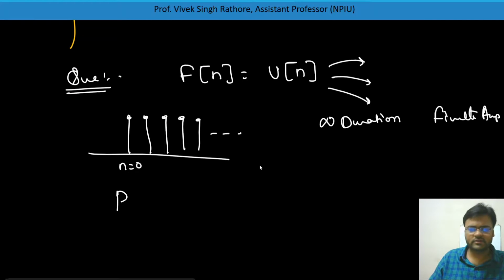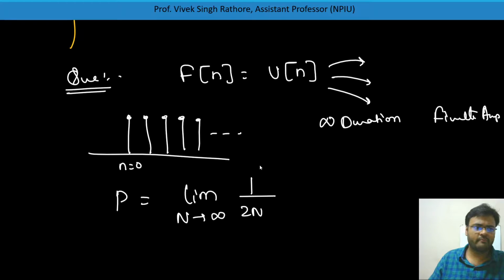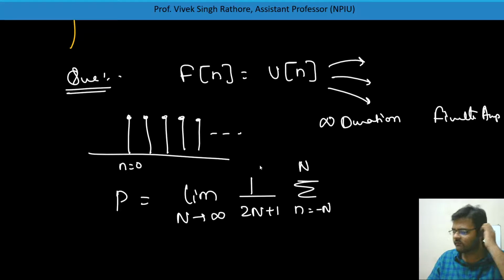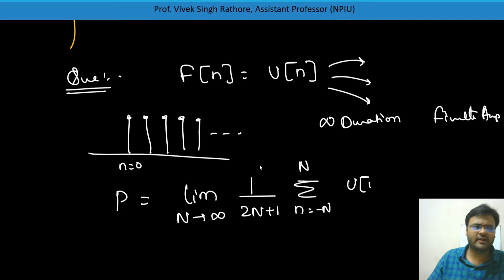For a discrete time signal, power is the limit as n tends to infinity of 1 by 2n plus 1, summation of n equal to minus n to n, of f[n] squared. Here f[n] is nothing but u[n], and we take the mod and square.